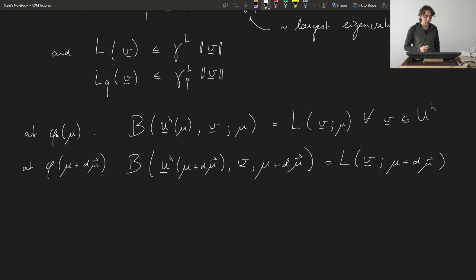And this also holds for all possible v in that space.